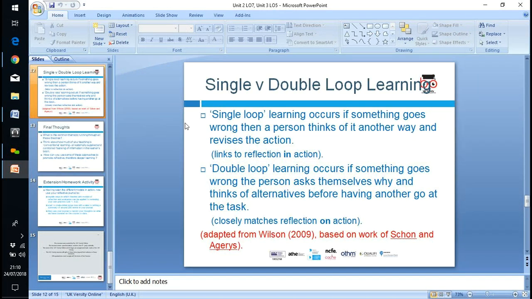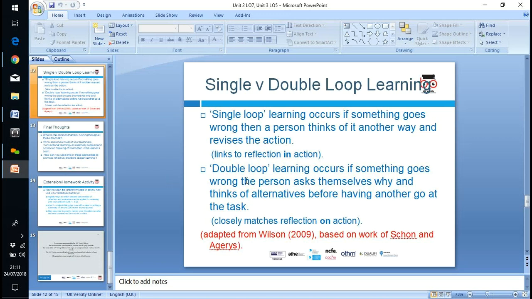Again, this is exactly what I'm saying. This is wrong when a person thinks of it in another way and revises the action. This is looking at what's been said and perhaps taking a different view of what's been said, and then revising your action when you didn't need to, because you've misunderstood or misplaced what the inference was.